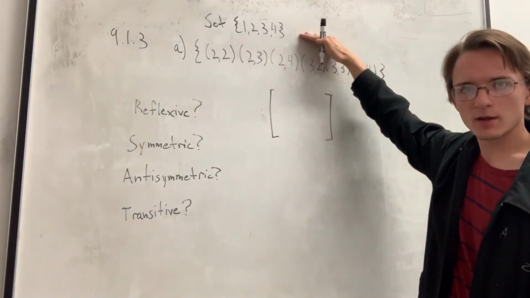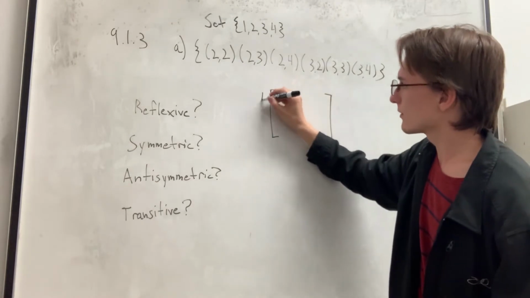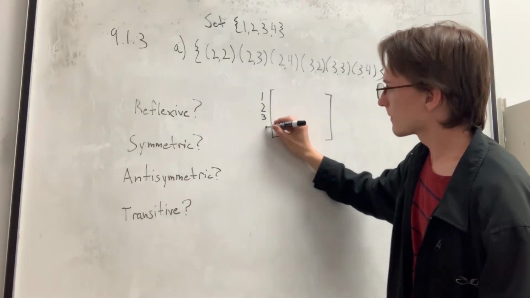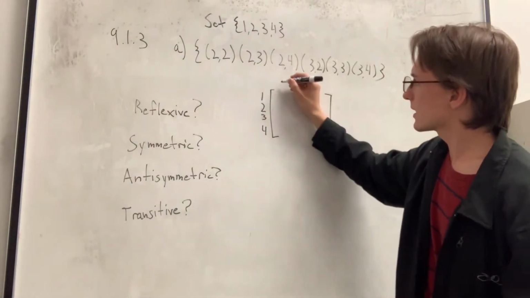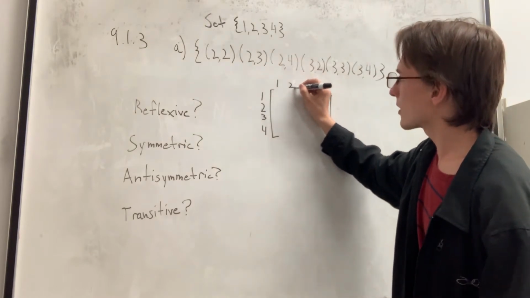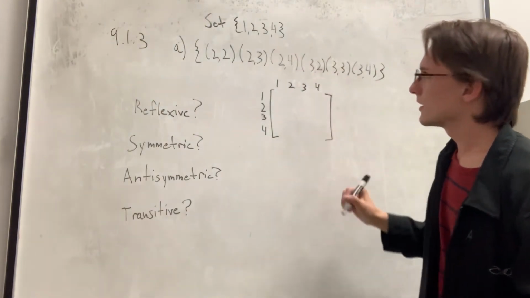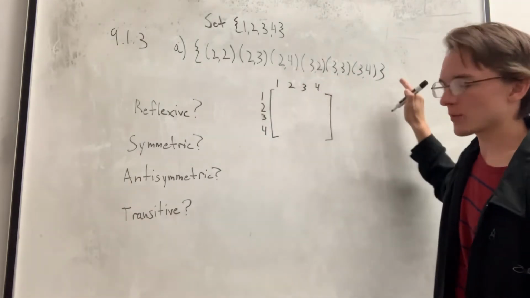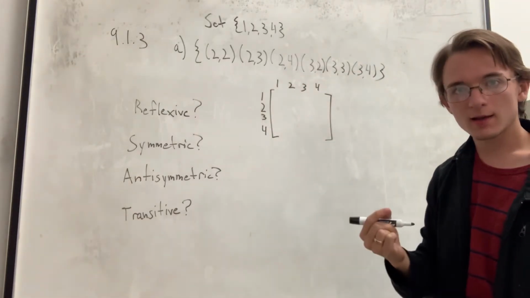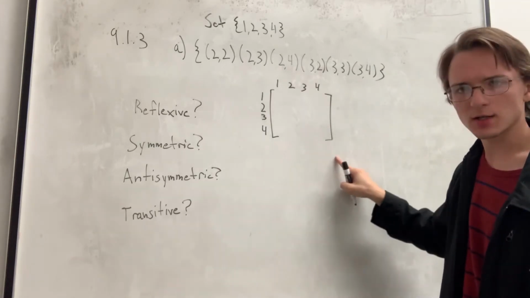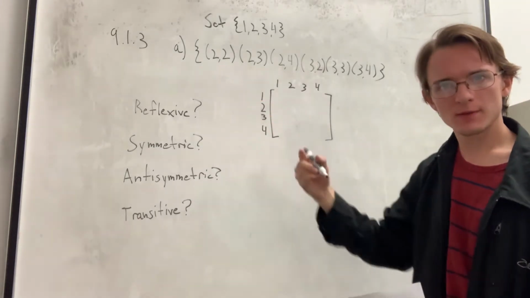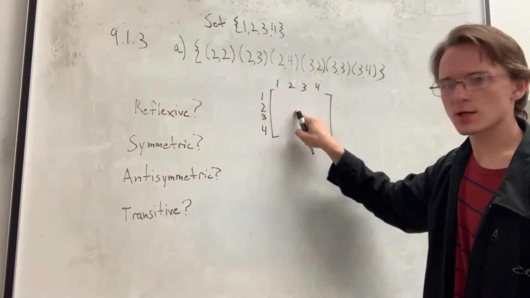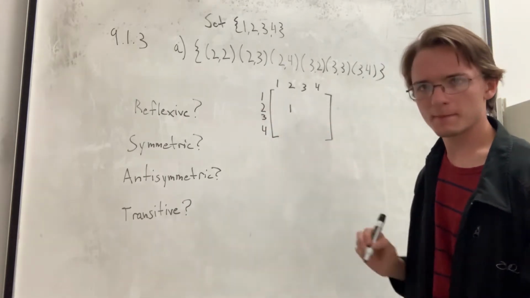Because we have four numbers in our set, we would have four columns and four rows. For any pair that exists in a relationship, we would have a 1 at that intersection in our matrix. So we have (2,2), therefore going down 2 and across 2, we have a 1.